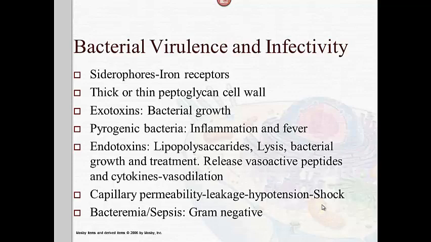These endotoxins as well could activate the coagulation cascade, leading to an exhaustion of the fibrin degradation products, or D-dimer, and instead of having thrombotic events, patients would have massive bleeding and end up in disseminated intravascular coagulation.